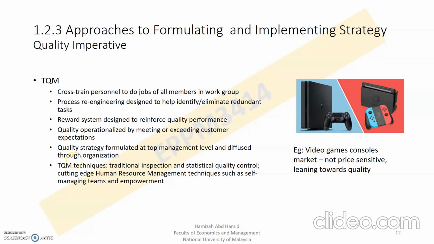Next is to have a quality strategy formulated at top management level, and this strategy is diffused through the organization. TQM techniques involve traditional inspection and statistical quality control, and high quality human resource management techniques such as self-managing teams and empowerment.